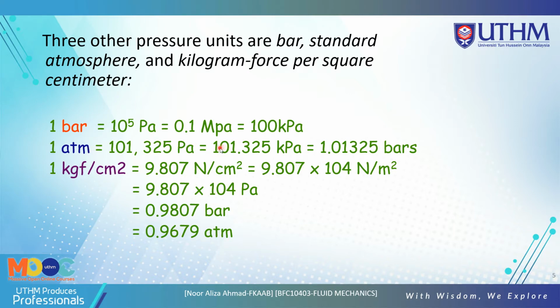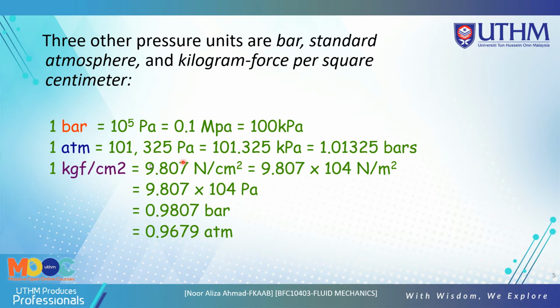This pressure of 1 atmosphere is equal to 101.325 kilopascal or 1.01325 bars. This is the conversion unit that you must know. But don't worry, for atmospheric pressure I will give you the value.